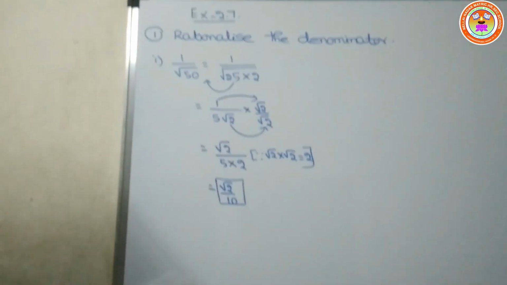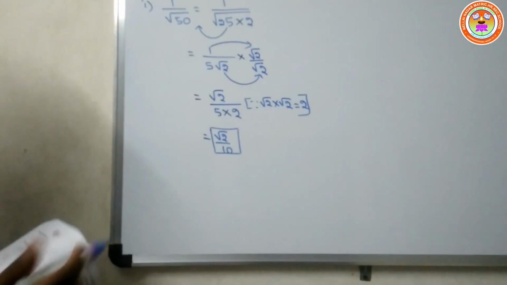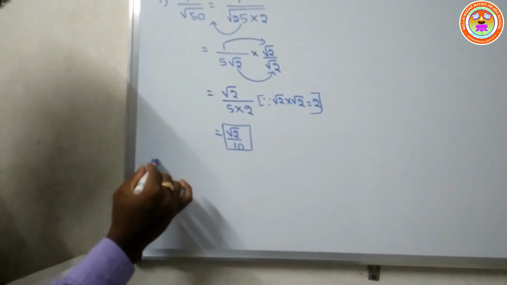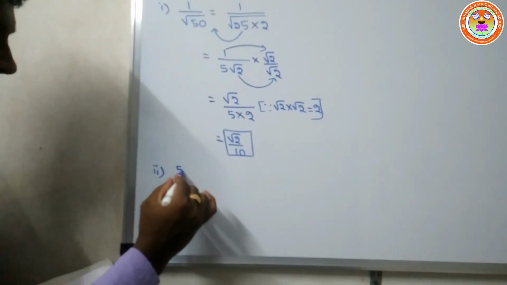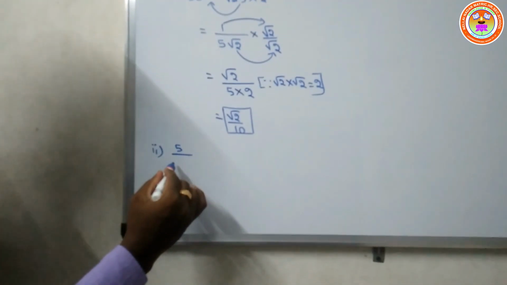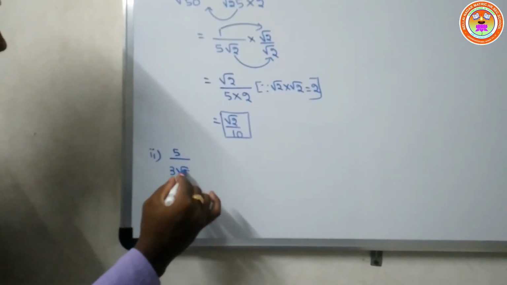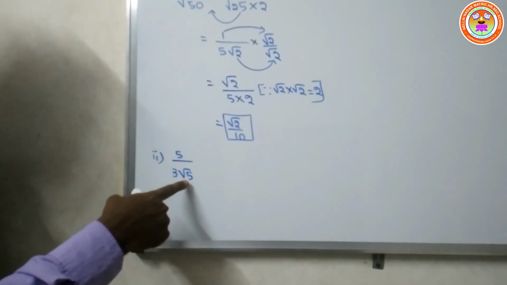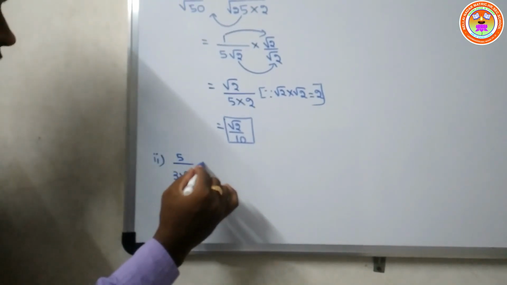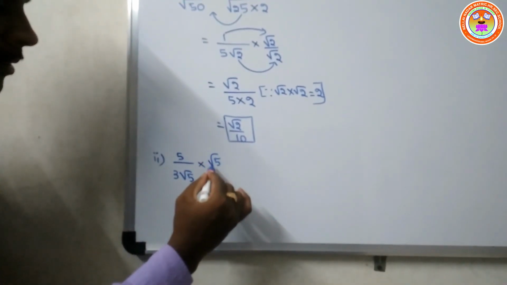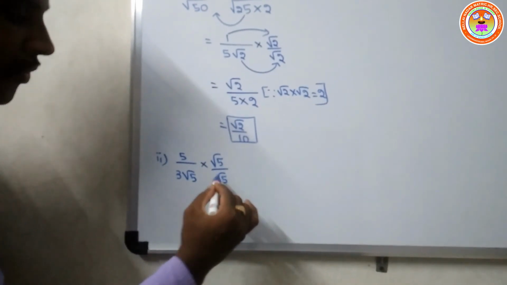I'll make the second sum. 5 by 3 root 5. You are removing root 5, multiplying and dividing by root 5.